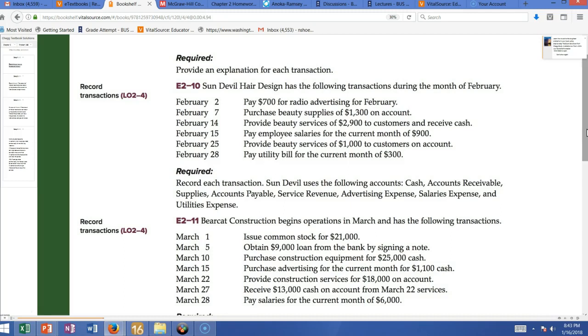210. Sun Devil Hair Design has the following transactions during the month of February. February 2nd. Pay $700 for radio advertising for February. Remember, look at the accounts we can use. Cash is credited.